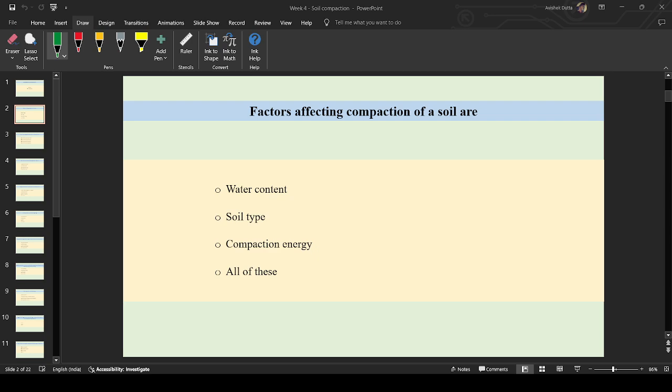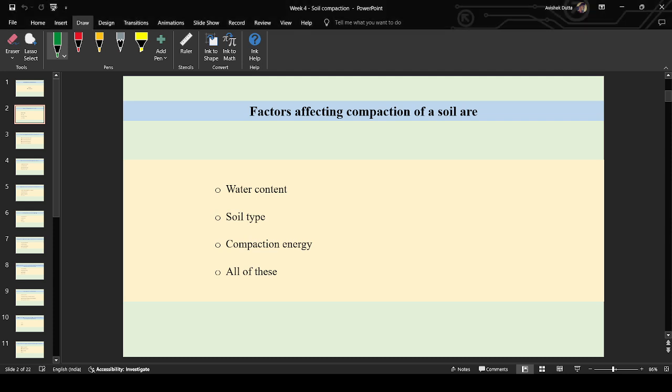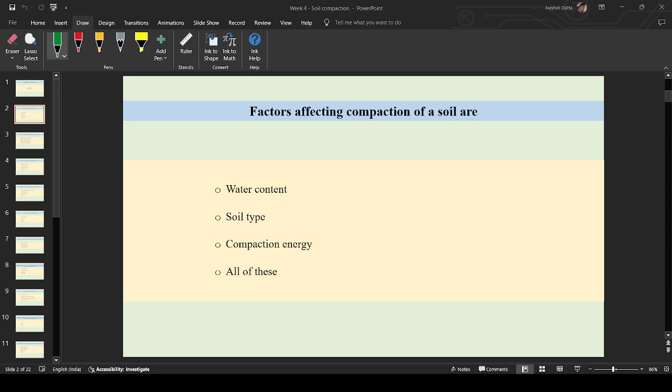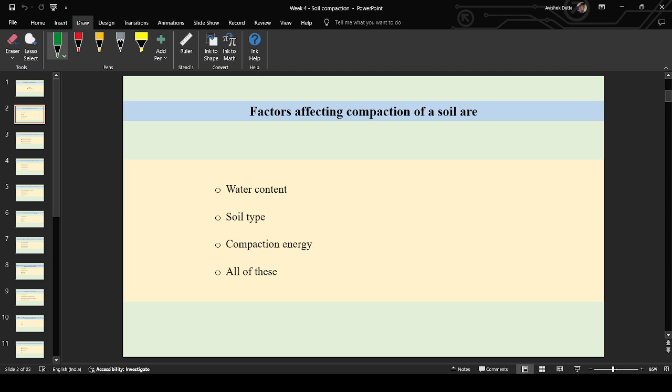Factors affecting compaction of a soil are water content, soil type, compaction energy, all of these. Yes, you want to say something? What is the answer? All of this?